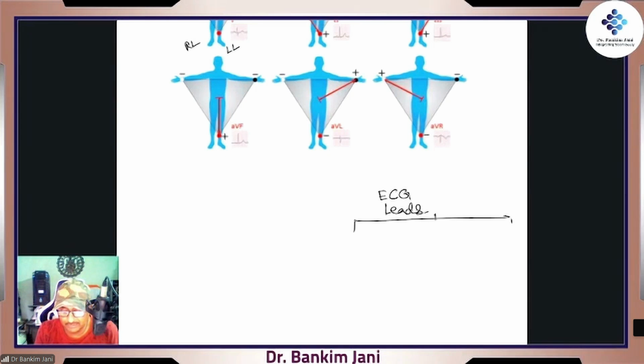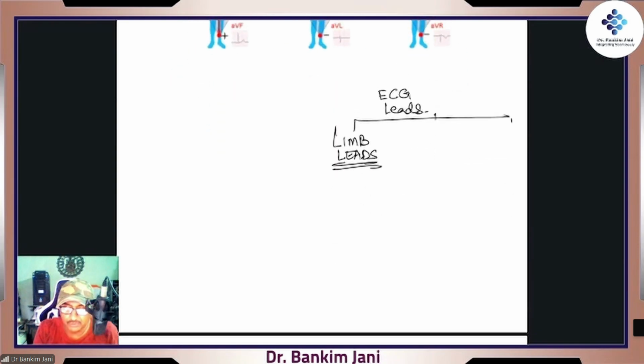That is, in other words, limbs. So they are called as the limb leads. Now they are again of two types. One, what is called as the bipolar, and second is called as the unipolar. Right? So this is bipolar and unipolar.